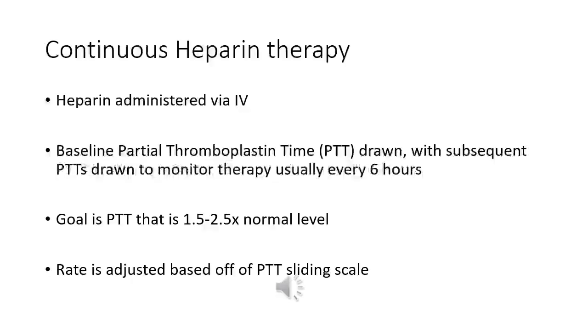The physician will order a rate to begin with, however, once it has been initiated, it's on us as the nurses to adjust it based on the sliding scale that the physician gives. It's similar to an insulin sliding scale, where you're not told how many units to give every single time you draw a glucose check; you're given a scale that lays it out ahead of time. So it's very similar to that.